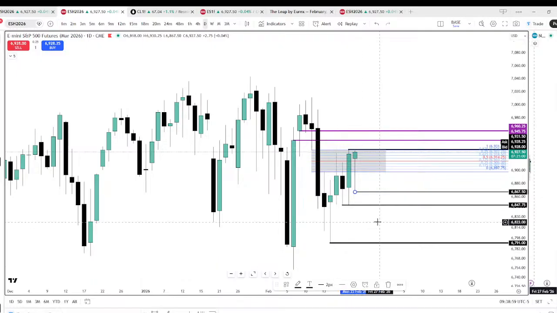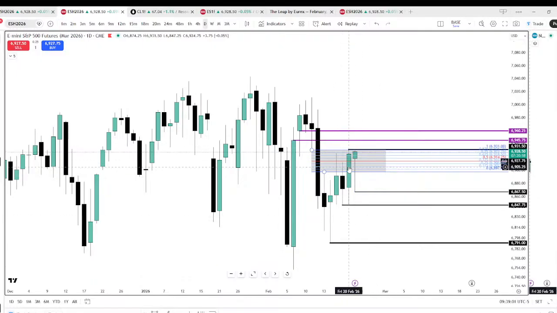daily lows from the last 3 days. So we have our current candle 1, 2, 3. So yeah, that's already tapped into.